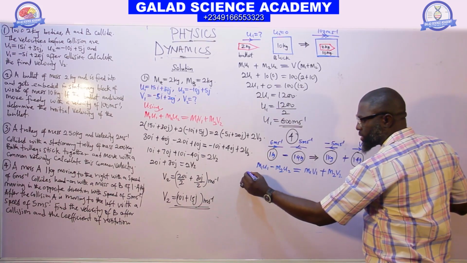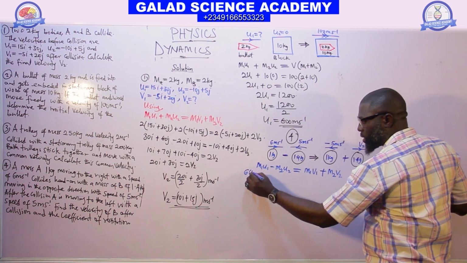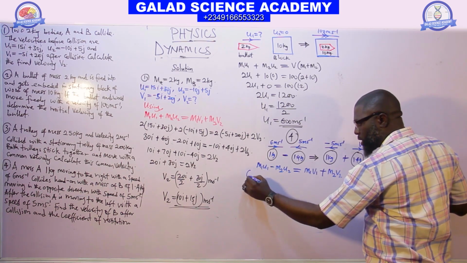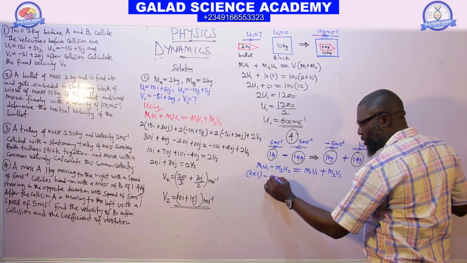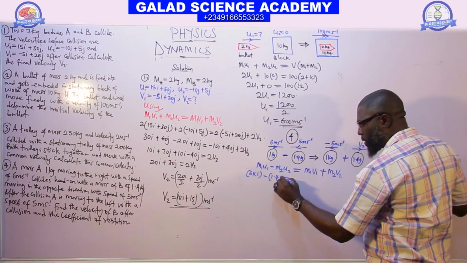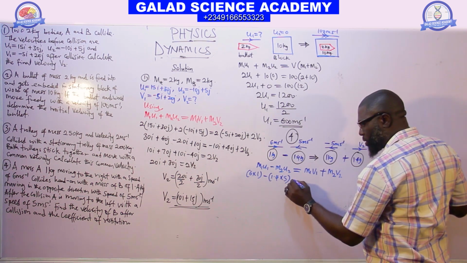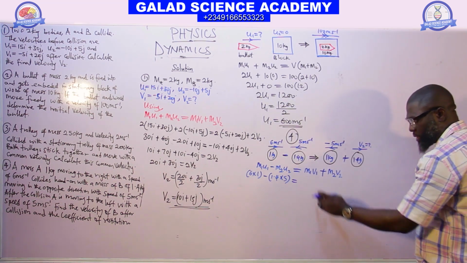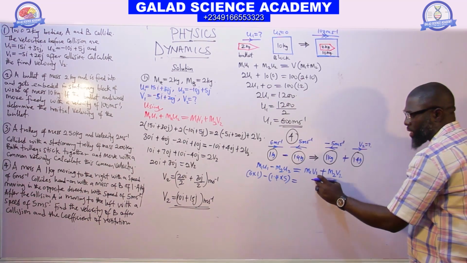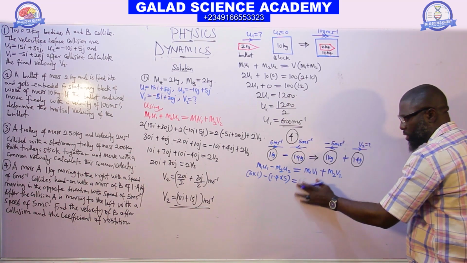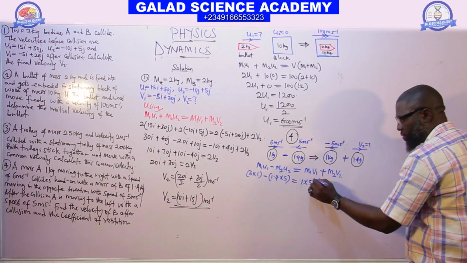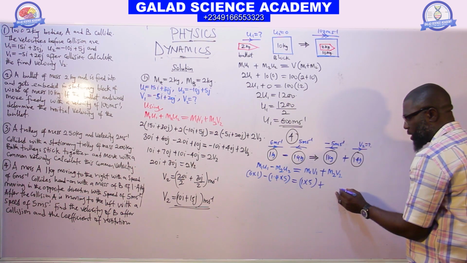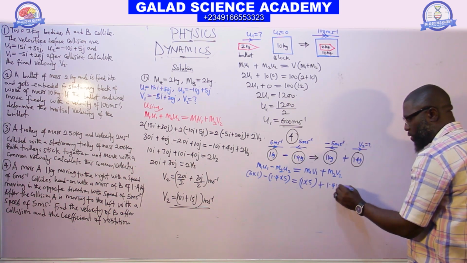What is M1? 6 times 1 minus 1.4 times 5 equal to 1 times 5 plus 1.4 V2.